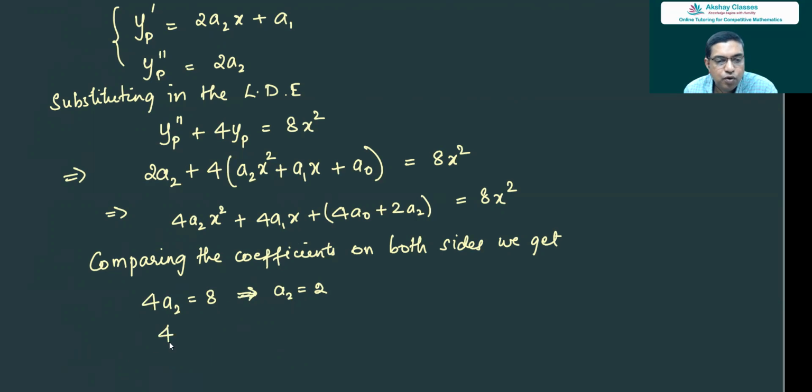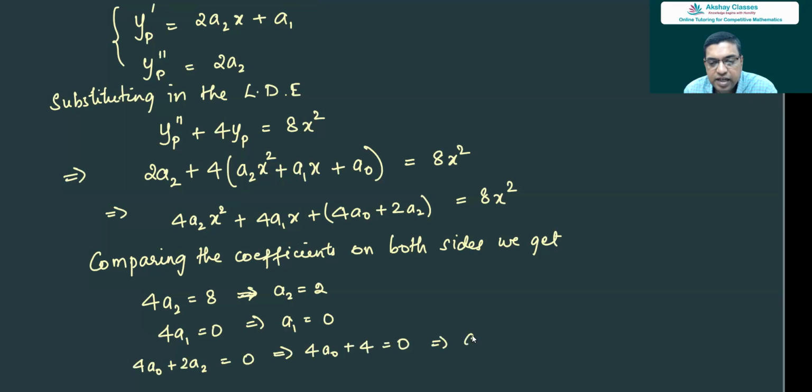Next, 4a1 is equal to 0. The coefficient of x is 0, which means a1 is equal to 0. Next, we have 4a0 plus 2a2 is equal to 0, which implies 4a0 plus 2 into 2 is 4 is equal to 0, which means a0 is equal to minus 1.